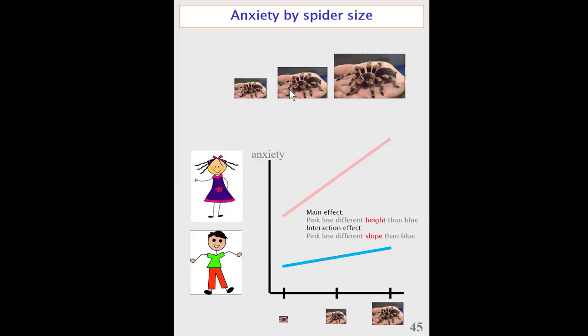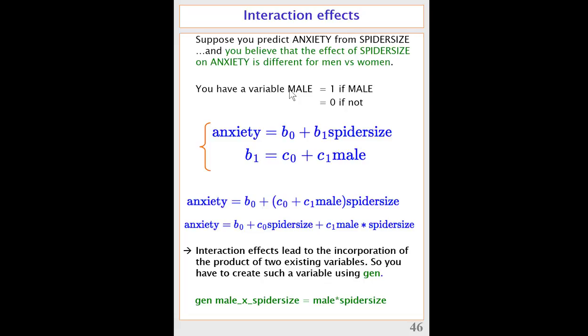If you want to put that in actual equations, you could look at this. Well, this is the base model. I think that the anxiety is being predicted by the size of the spider. I think also that the extent to which this is happening, that is B1, itself depends on whether or not you're male.